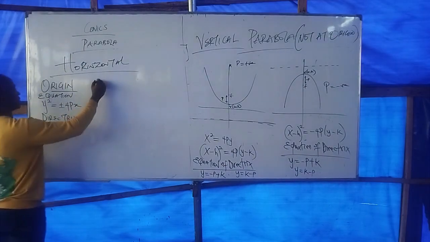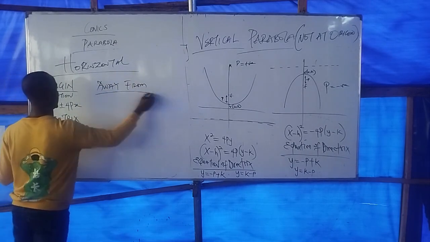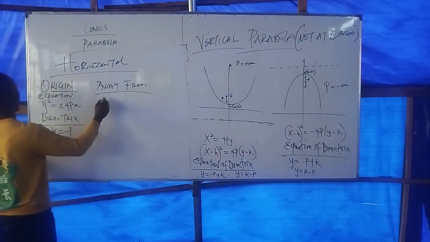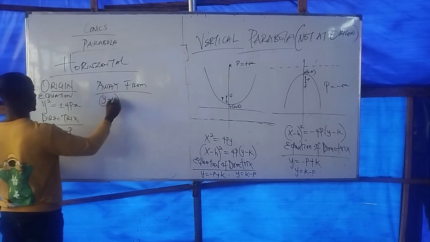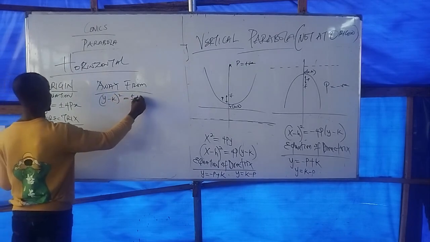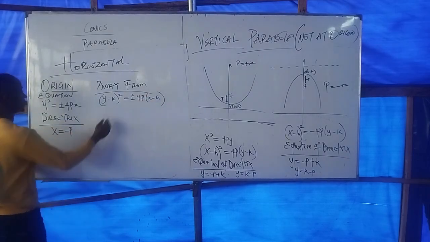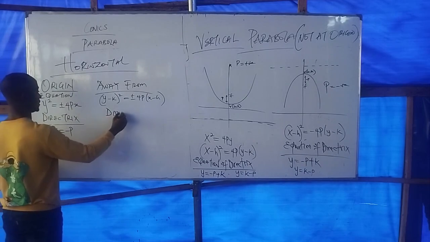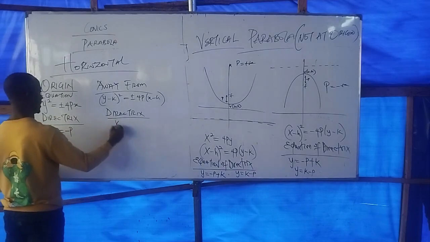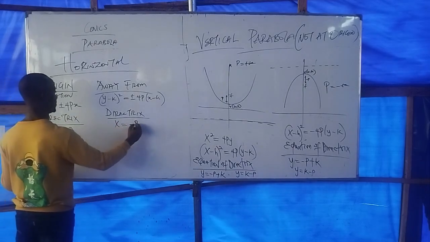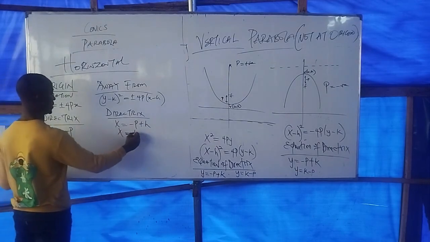But when it's away from the origin, we're going to have what? (y minus k) all squared equals plus or minus 4p(x minus h). Then the directrix will become x equals minus p plus what? h, which is the same as x equals h minus p.